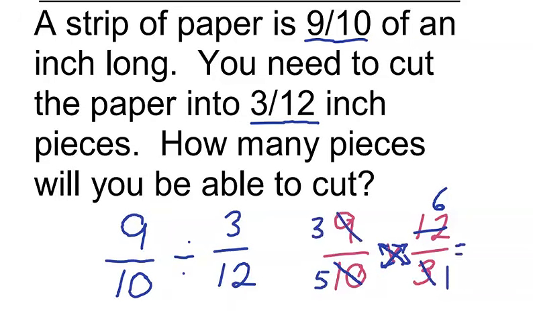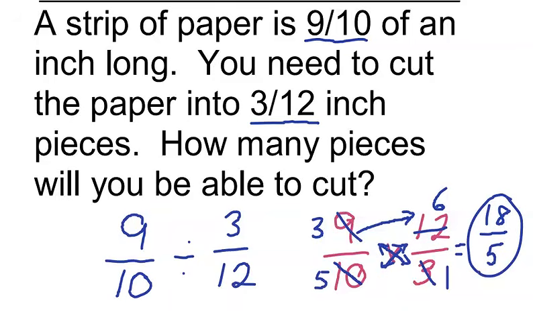So now we've made our lives just a lot more simple. So instead of working with these really big numbers, we're just going to do 3 times 6. 3 times 6 is 18. And 5 times 1 is 5. So instead of simplifying, we already have it taken care of. So at this point, we just see that this is an improper fraction. So anytime there's an improper fraction, we want to make it into a mixed number.